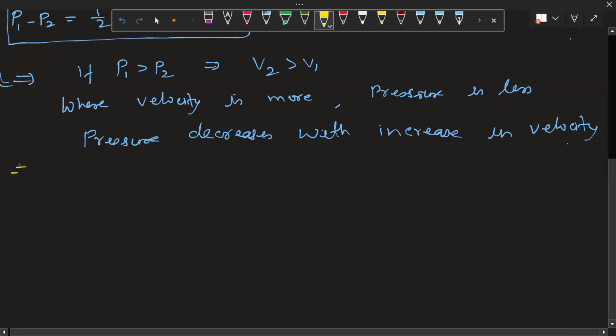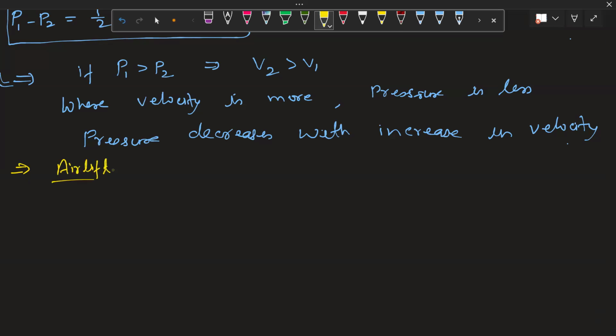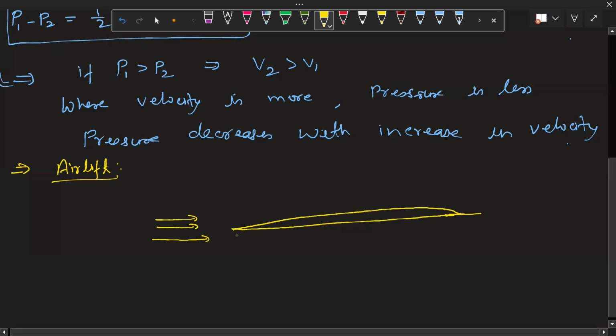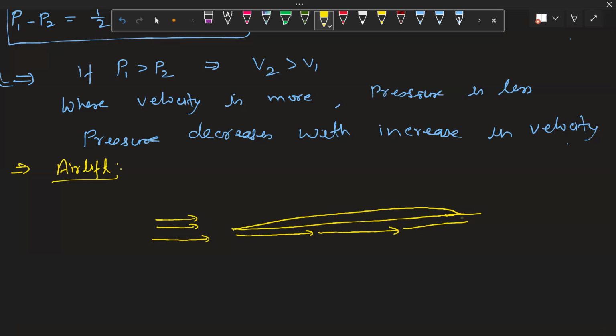If I take an example of airlift, how the aeroplane gets the lift. You see the wings of the aeroplane are slightly curved at the top like this. If the air is flowing like this, the air that will go down has to travel less distance.